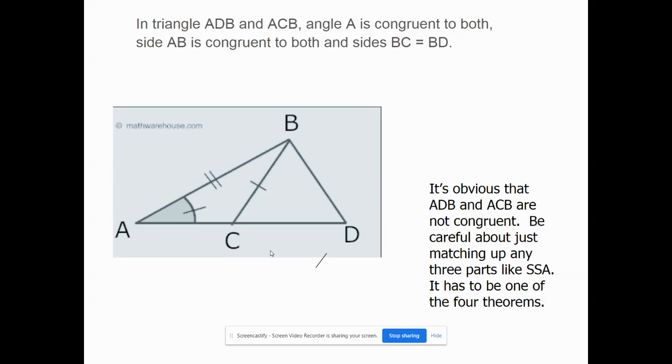So I cannot use side-side-angle or angle-side-side, those are not valid.